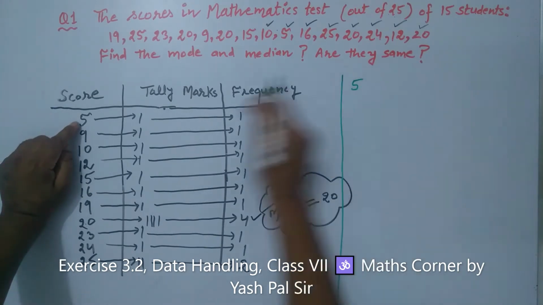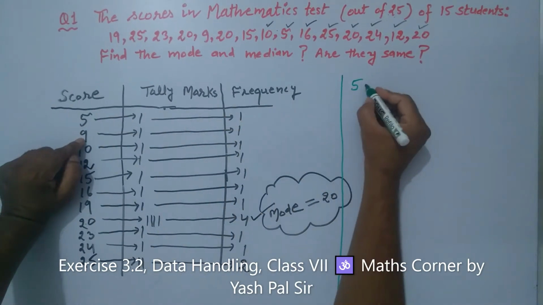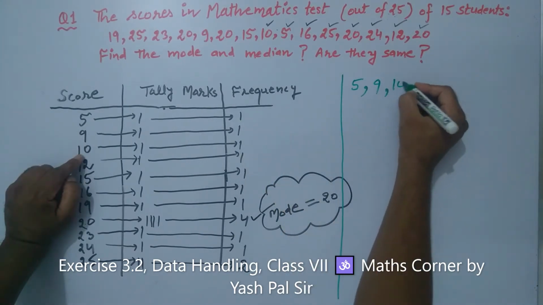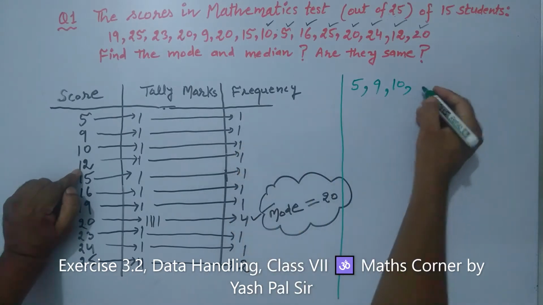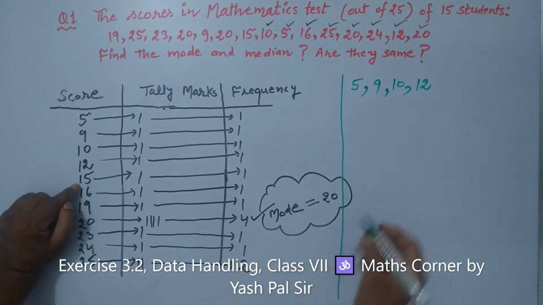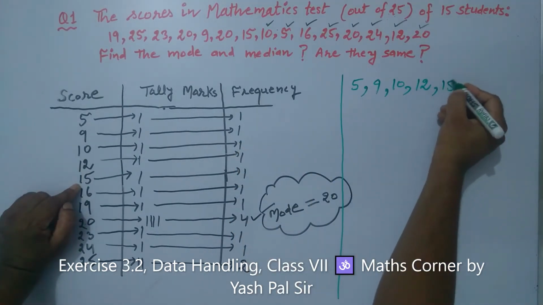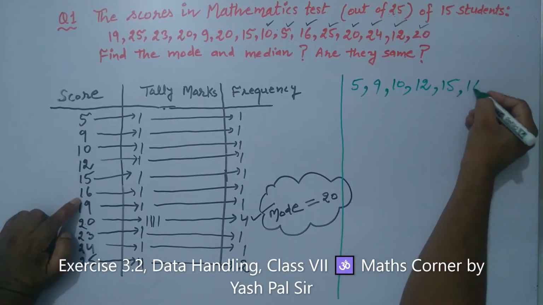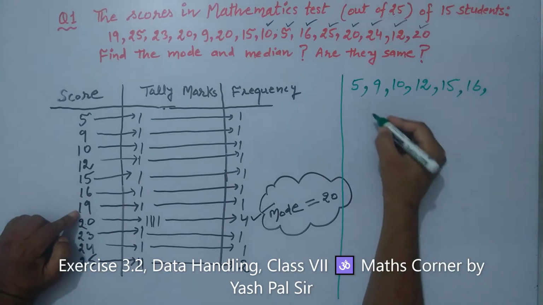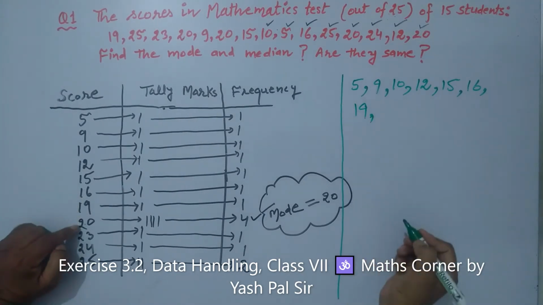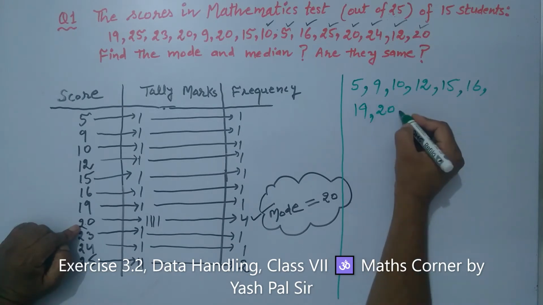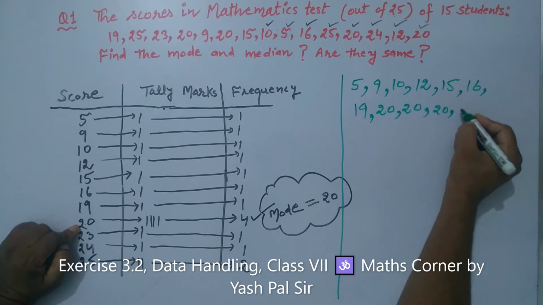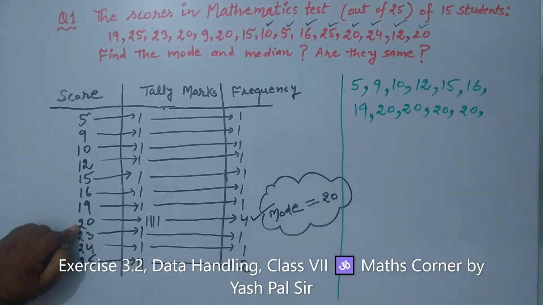First of all, writing 5 one time, 9 one time, 10 one time, 12 one time, 15 one time, 16 one time, 19 one time, 20 four times, 20, 20, 20, 20, right?